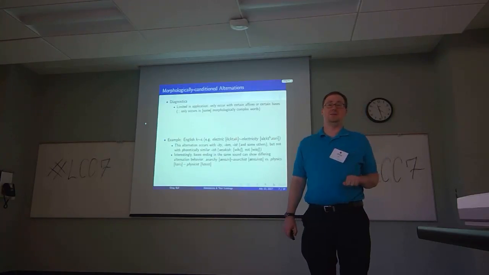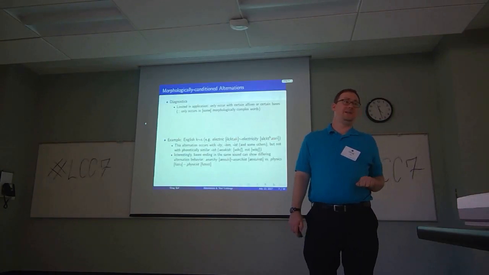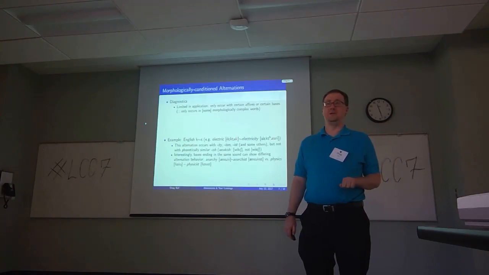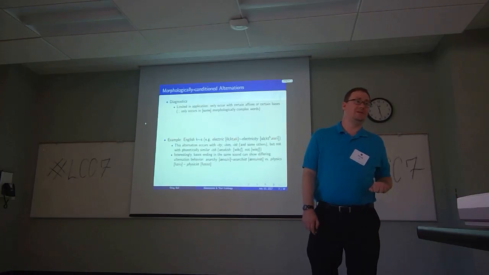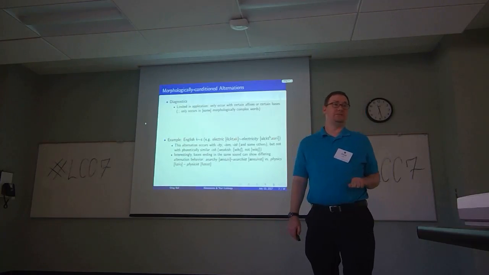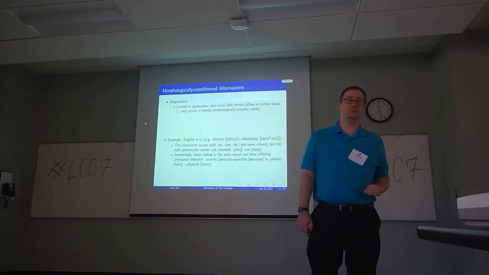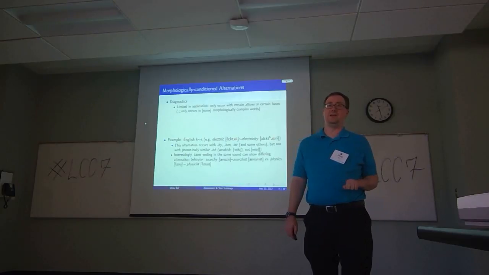But in "physics" and "physicist," in "physics," there is a K in there. In "physicist," there's no K to be found. So "physicist" shows the alternation, but "anarchy" does not.